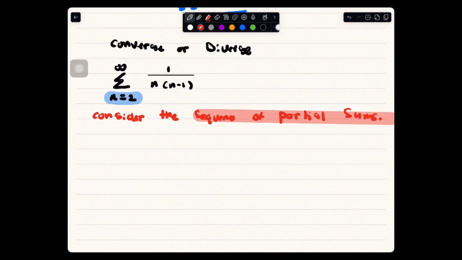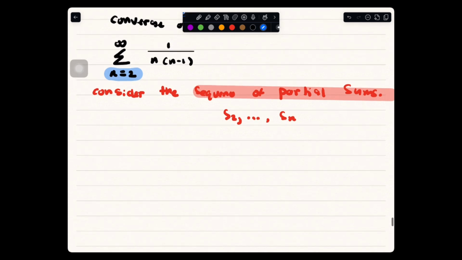And hopefully that sequence will converge to a value, right? You got S1, S2, all the way up to Sn, the sequence of partial sums, where S1 we know is, well, we can't call it 1 in this case. It's going to start at 2. Is that right? I mean, it is the first term, but really this is how we define Sn.